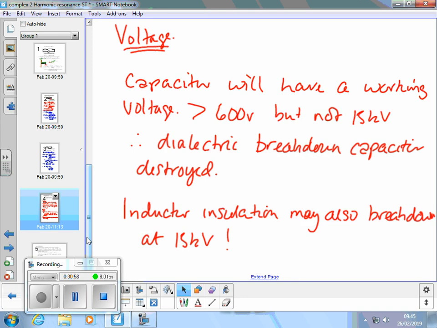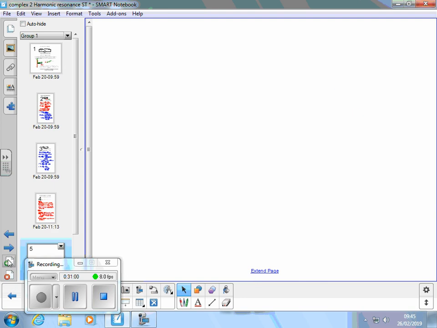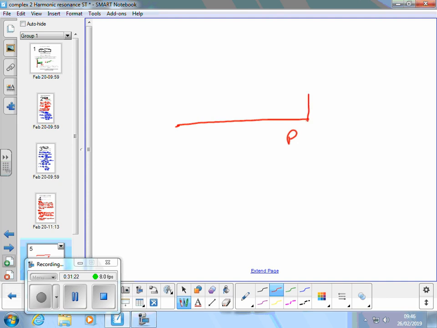What happens in power systems, when you have lots of inductive load, which big factories might have with lots of motors, is you end up with a power triangle where you've got P on the horizontal axis. This is similar to what we've done with complex numbers and currents out of phase.